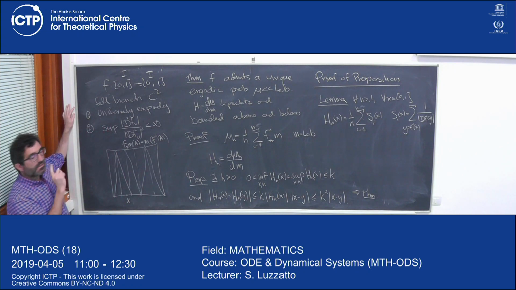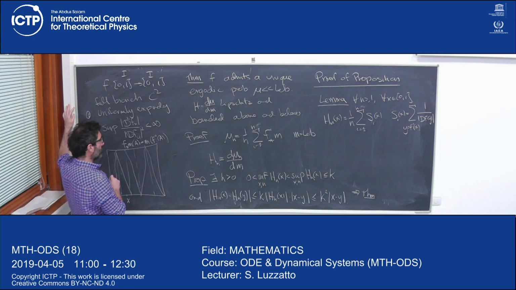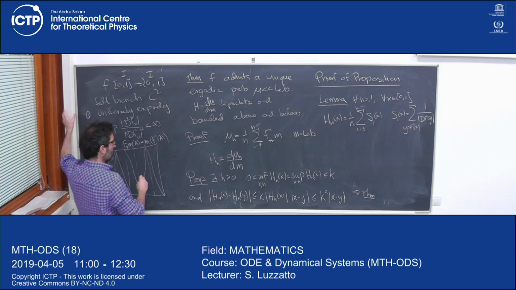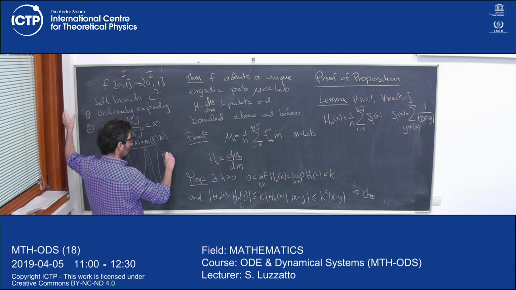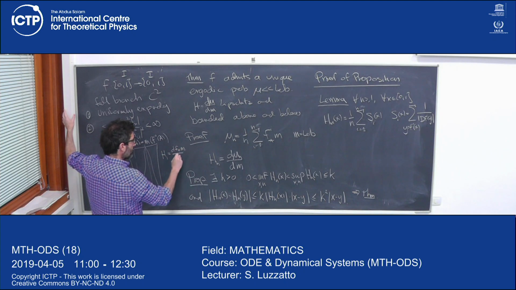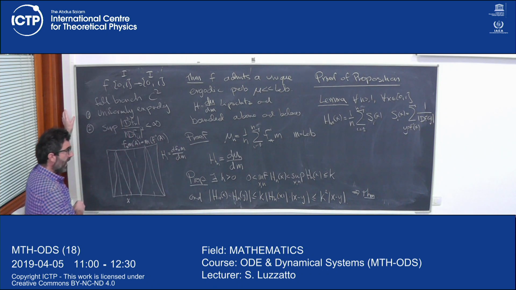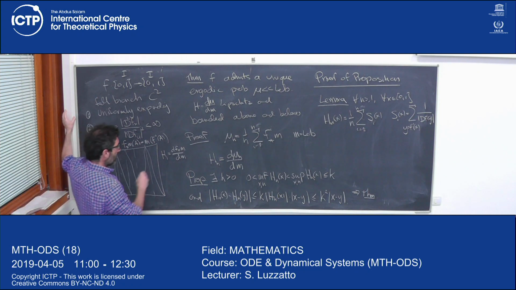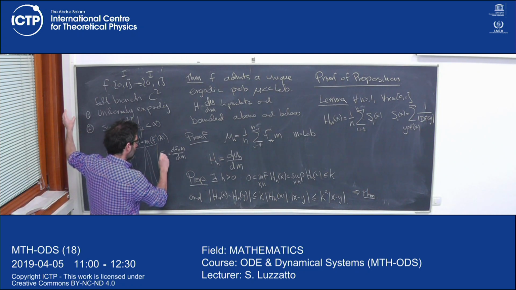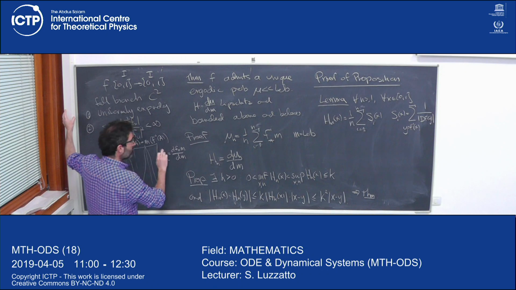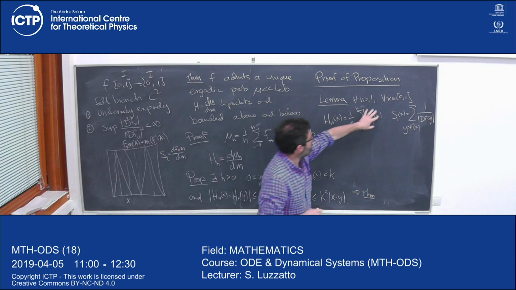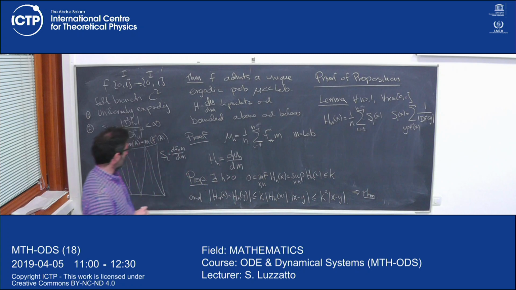Now, what is the density of this measure? This measure is absolutely continuous, so it has a density which is h1. h1 is equal to the density of f star m over dm. And we are making a statement about the density, so I claim, sorry, S1. Each one of these is the density of this f star.